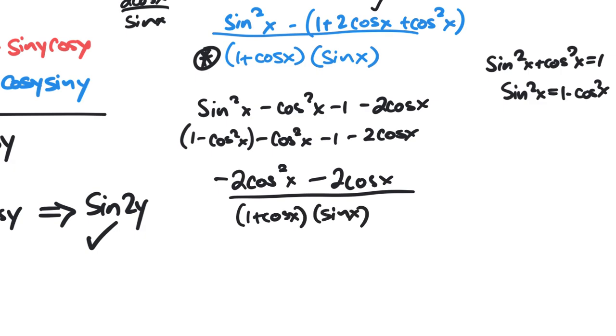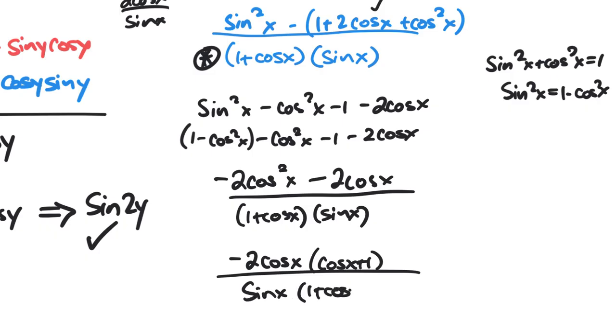And believe it or not, we're almost home. So what we're going to do as our second to last step is factor negative 2 cosine x out. And what will be left is cosine x plus 1, which I'm hoping you remember was part of our denominator.